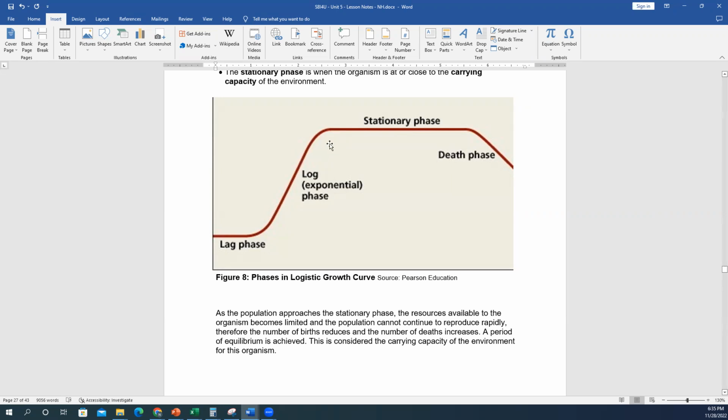Therefore, the number of births starts to taper off and reduce, and the number of deaths starts to increase. So you hit this stationary phase, a period of equilibrium where you have as many births as deaths. And that's why this is considered to be the carrying capacity of the environment for that organism.